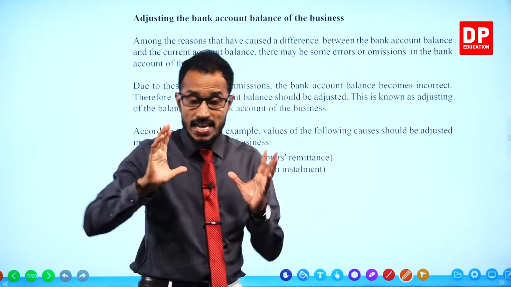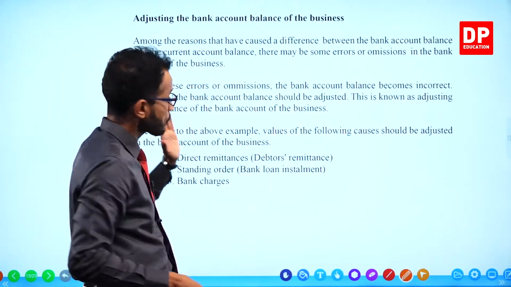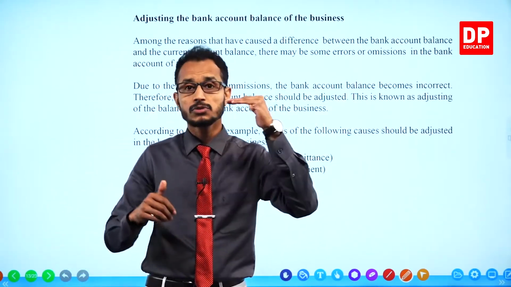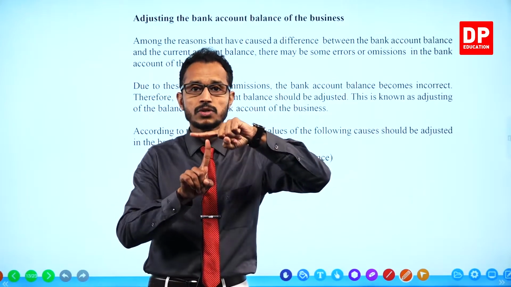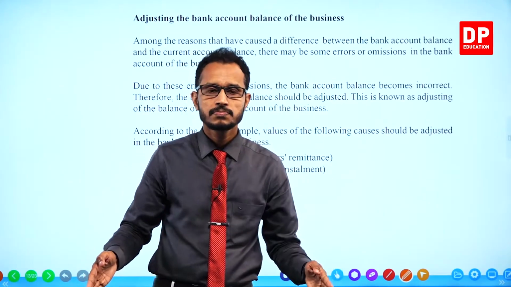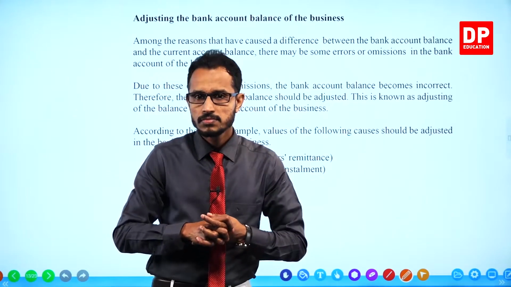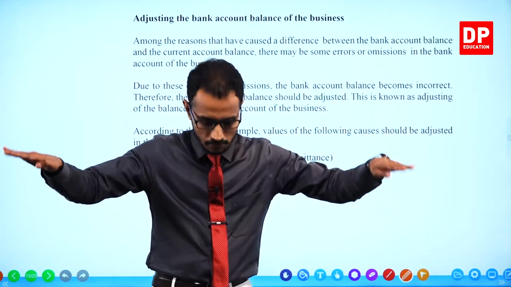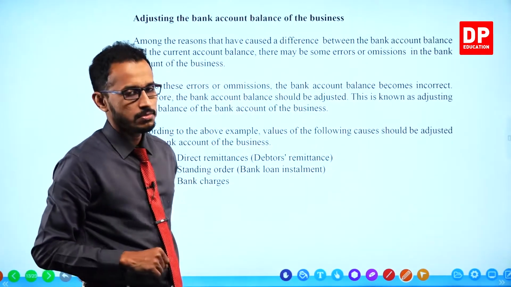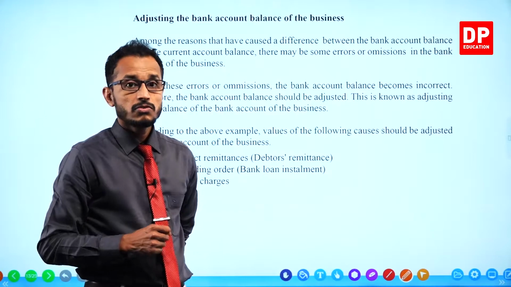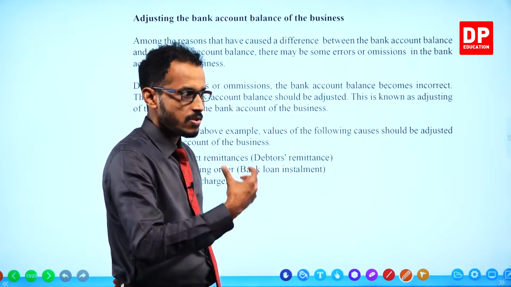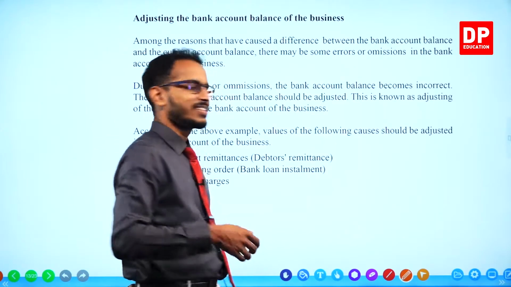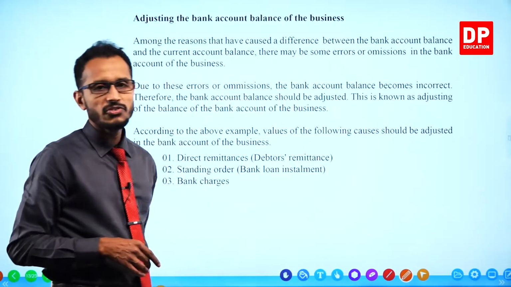We actually took an example question and compared our bank account with the bank statement, and we did the cross check, and we noted the missing items or the reasons for that difference in the final balances. If you remember, it's going to be easy for you.